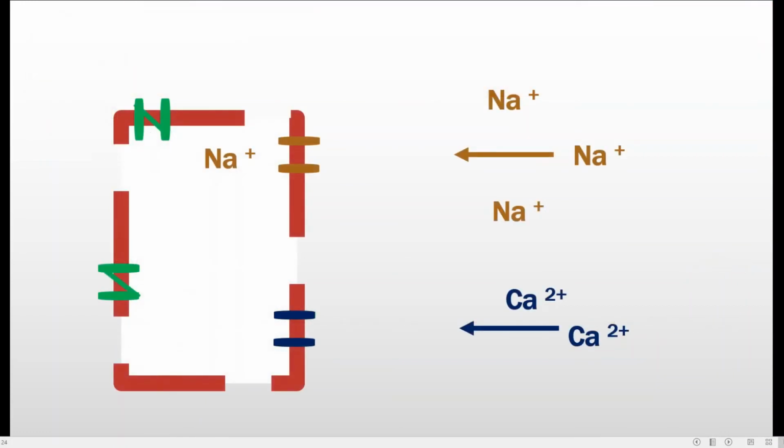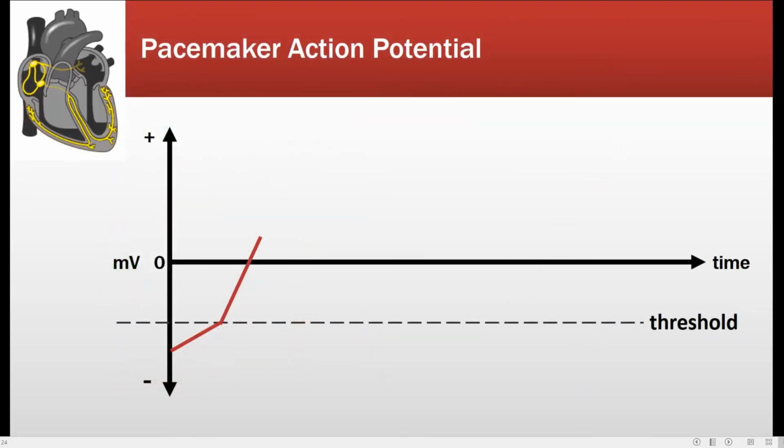Okay, so when you reach the threshold, you will open another channel. But the sodium gated ion channel will also open, and then on this stage, you will open two channels. Okay, so the sodium gated channel and the calcium gated channel, causing the entry of sodium and calcium inside your cell. So these ions will make your membrane become positive. So the graph will go up until you reach positive 10.